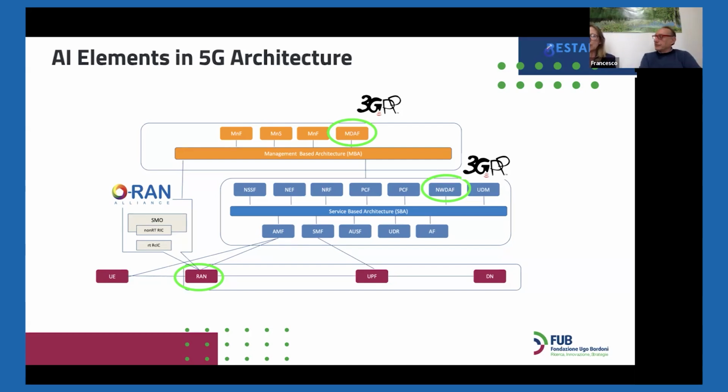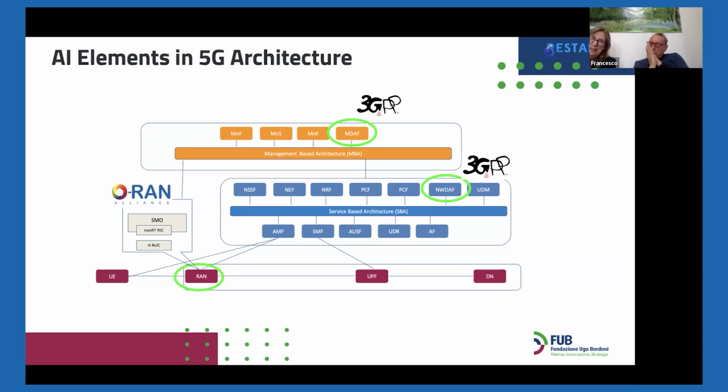In particular, we will consider this specific network element, NWDAF, the Network Data Analytics Function, that represents the intelligent element in the service-based architecture, that means in the control plane, as defined by the 3GPP. Complementing this, also developed by the 3GPP, there is another intelligent element in the management plane, called the Management Data Analytics Function.